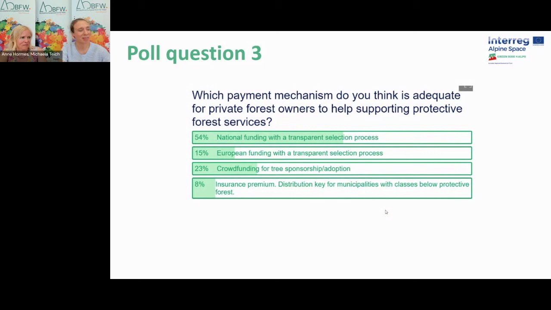But it's interesting that the crowdfunding option, which Fred Berger also suggested yesterday in our panel discussion on a different topic, really picked up. This could maybe also be something in the future, especially now in our digital age, where a lot of things are bought and given through computers.